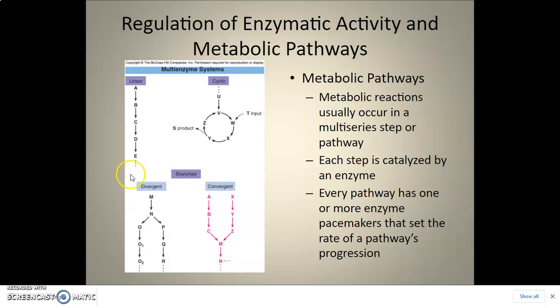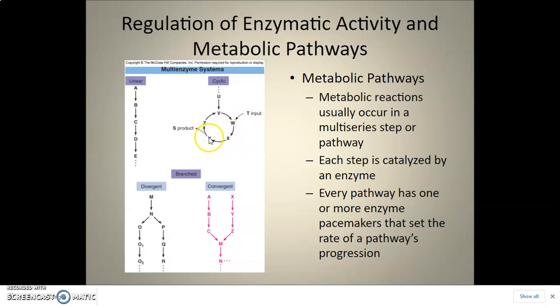So if you look over here in the linear pathway, it's like A, B, C, D, E. Essentially, each one of those letters is representing one enzyme that performs one small step in an overall metabolic reaction or pathway. We have cyclical pathways, like the Krebs cycle and glycolysis, which we're going to talk about.